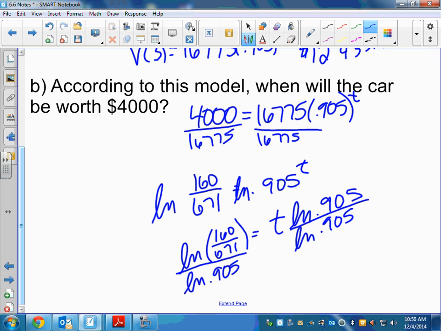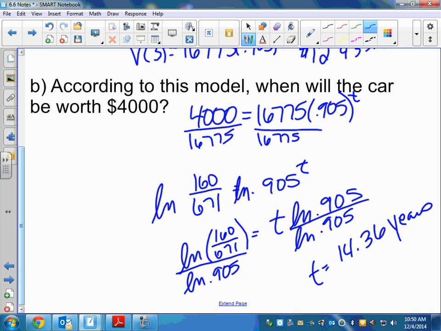Close your parenthesis after the top part. And I got about 14.36 years. Unless you wreck the car before then, and then it might be worth less after that, right?